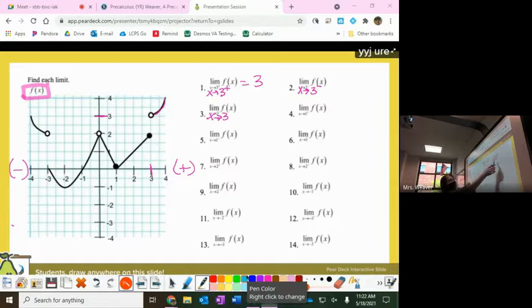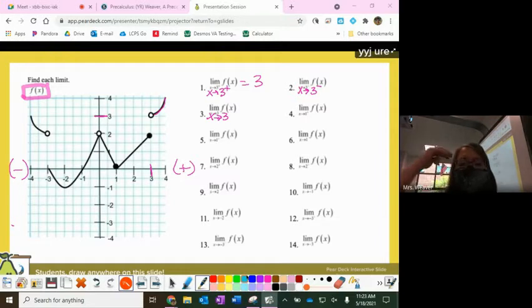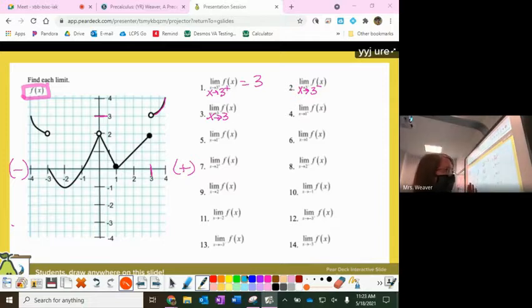So on the next one, number 2, it says the limit of the function as x approaches 3 from the left side this time. Oh, is that what you meant? Like you said negative. It's from the negative side of your graph. That's just the negative notation they use. All it means is from the left. It doesn't mean negative. It means from the left. But we can intuitively remember that because the negative side is on the left side.